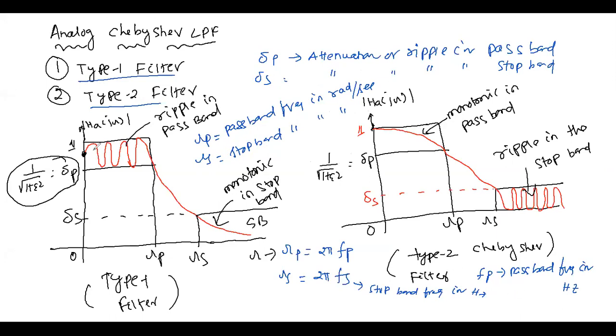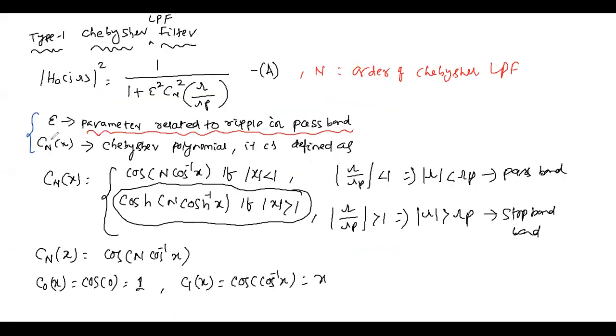After that, we discussed two very important parameters. The equation represents the magnitude response of the type 1 analog Chebyshev low pass filter. Here two parameters are important: one is epsilon, another is Cn(x). This epsilon is a parameter related to the ripple in the pass band, and Cn(x) is the nth order Chebyshev polynomial.